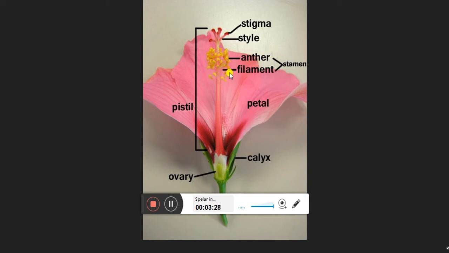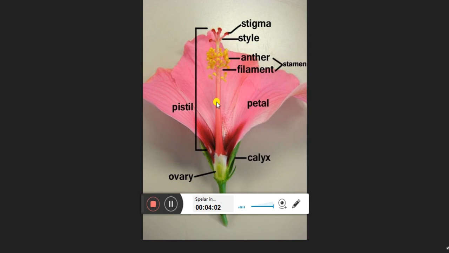Altogether this whole structure is known as a stamen, or the androecium. The anther has the pollen sac, and inside it the pollen grains are present. They are powdery substances and they are the male gametes, the male sex cells.